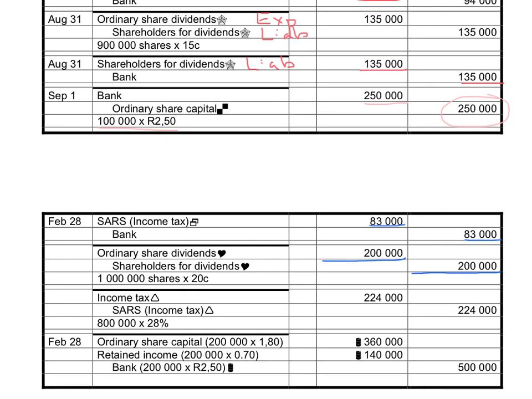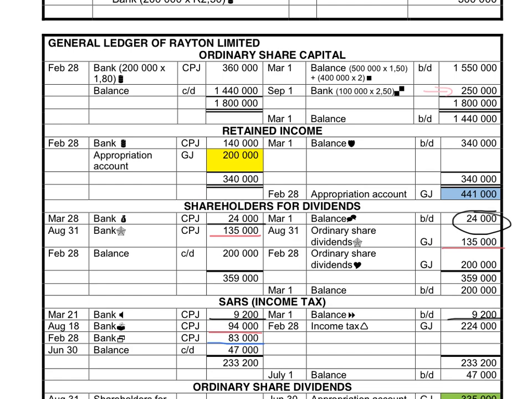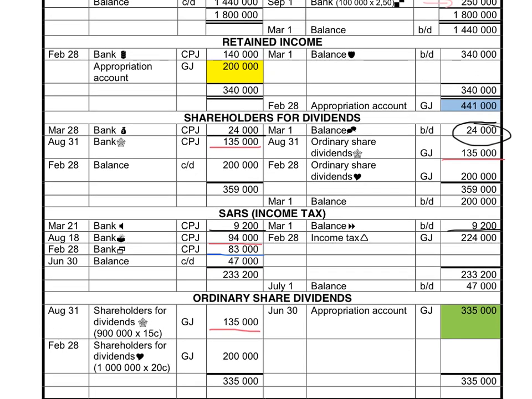Now at the end of the year, they didn't say that we paid the dividend, so it means it is still outstanding and we still owe it to the shareholders. In the ledger, we will show that ordinary share dividends is debited and we increase the expense with 200,000, and shareholders is credited with 200,000 to show that we owe them 200,000.